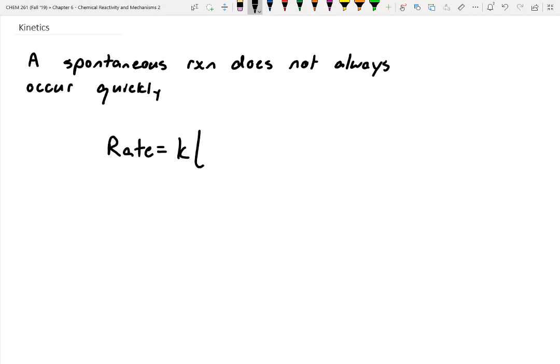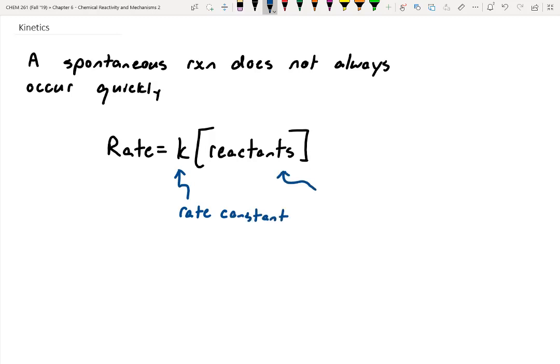And then we can multiply this by the concentration of our reactants, so we'll put that in brackets. Let's indicate that this is our rate constant, and that this is our concentration of reactant.